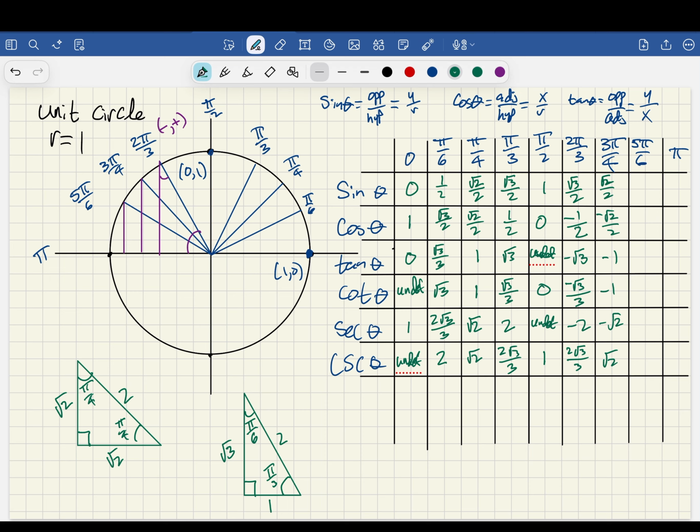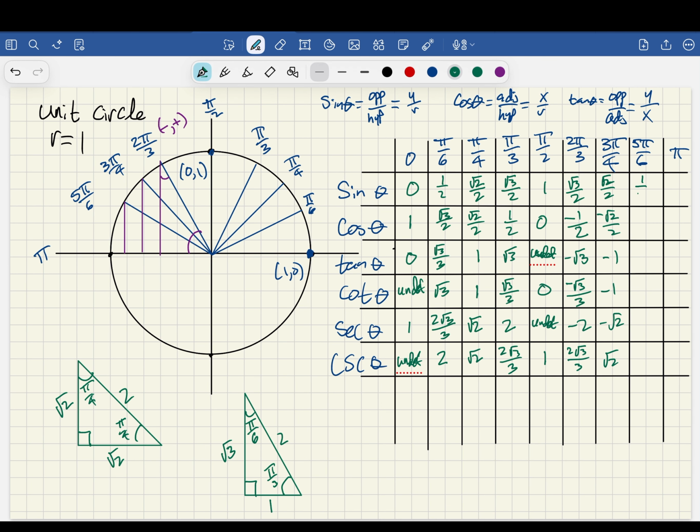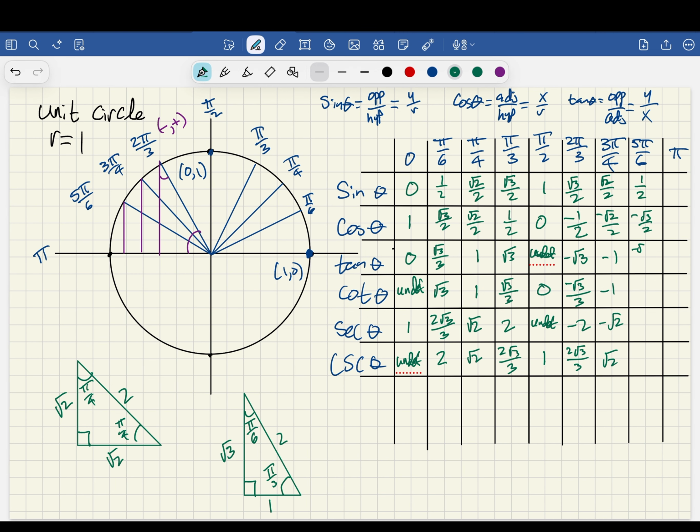So we'll have 1/2, negative the square root of 3 over 2, negative the square root of 3 over 3, negative the square root of 3, negative 2 times the square root of 3 over 3, and 2.